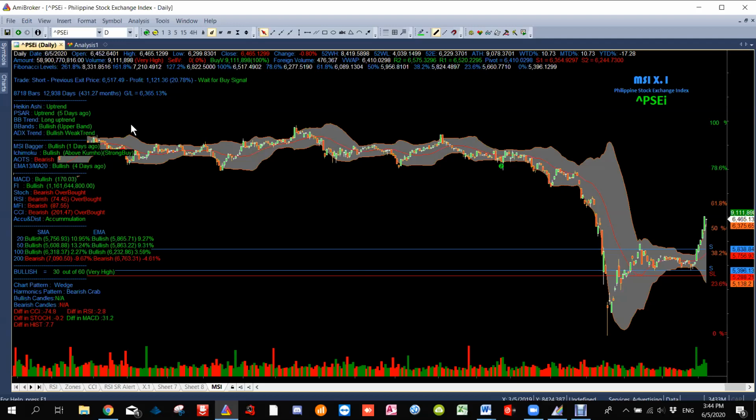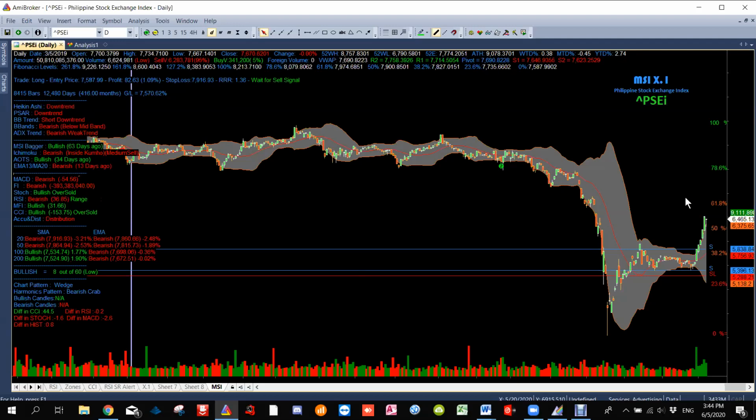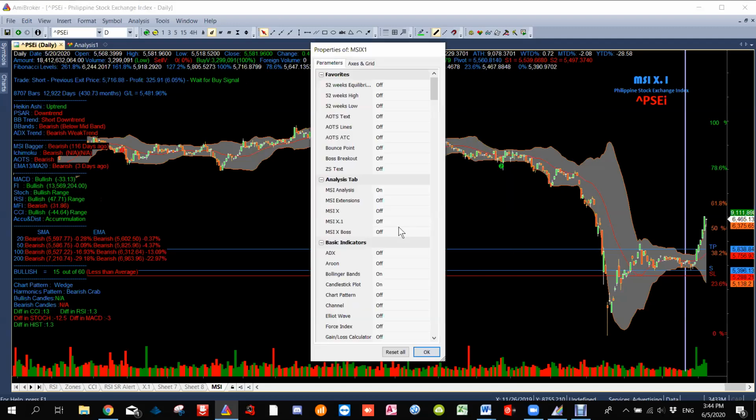Next one is the ADX. It is a trend indicator. Let's close the Bollinger Bands.